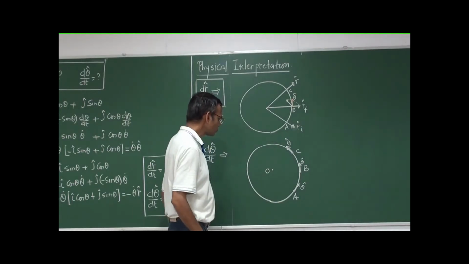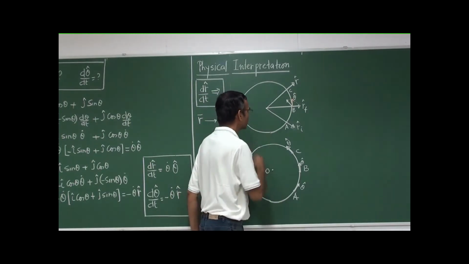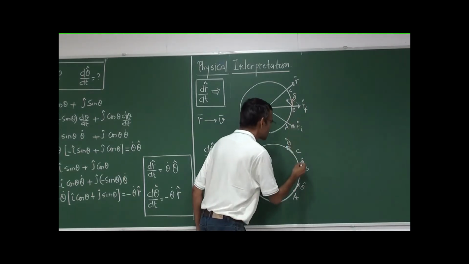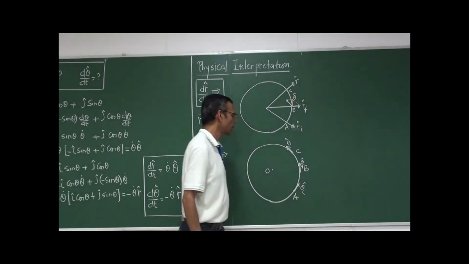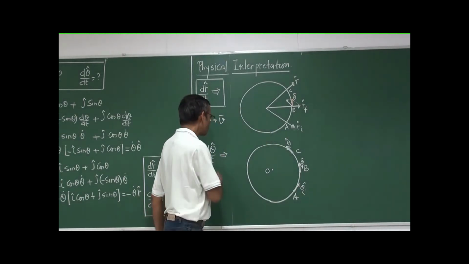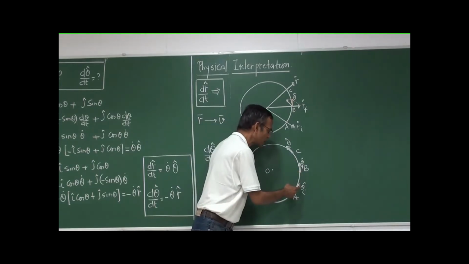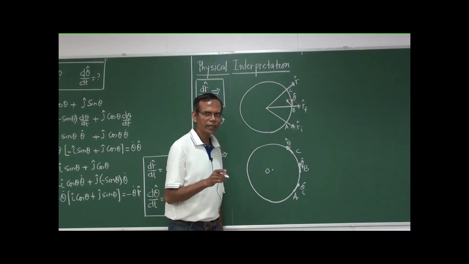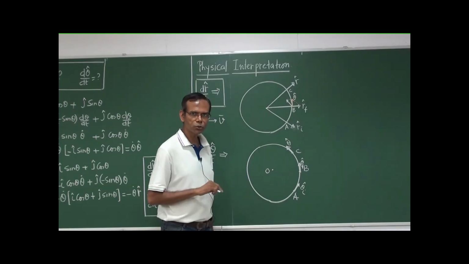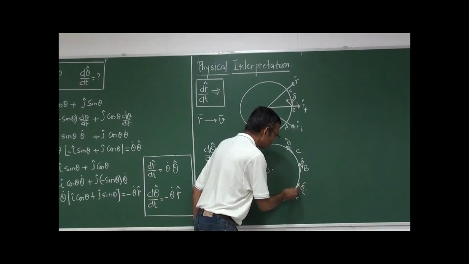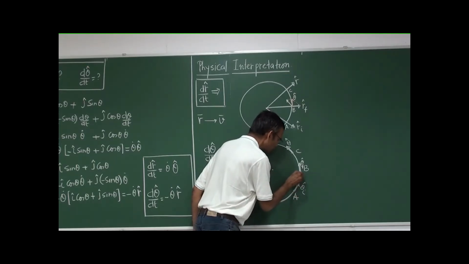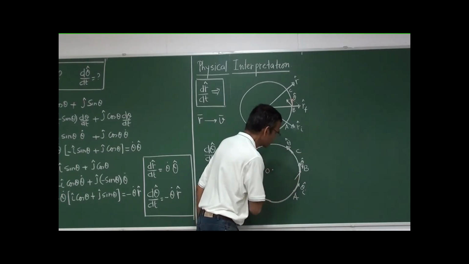Now, as we have done here, let me write this as theta f and this as theta i. So the derivative of theta cap is theta f minus theta i divided by delta t, limit delta t tends to 0. Again I will do the same thing. Let me draw a parallel line, exactly parallel and same magnitude as theta i, but in the negative direction, that is this way.